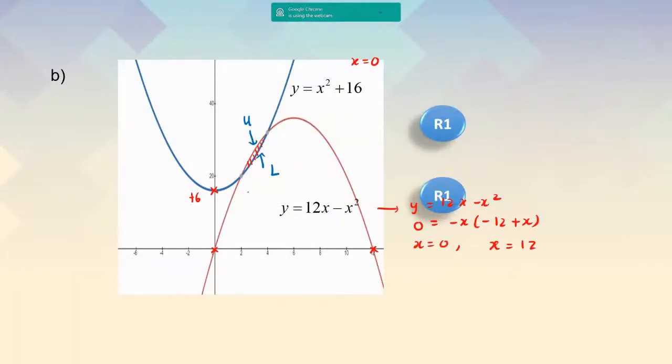Okay, and then we already found the intersection points here, that is x is 2 and 4. So this is 2 and then this is 4.